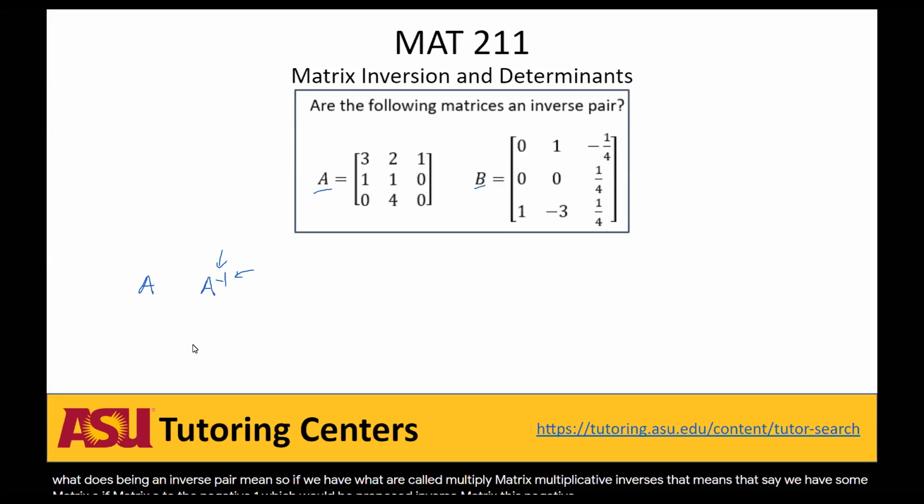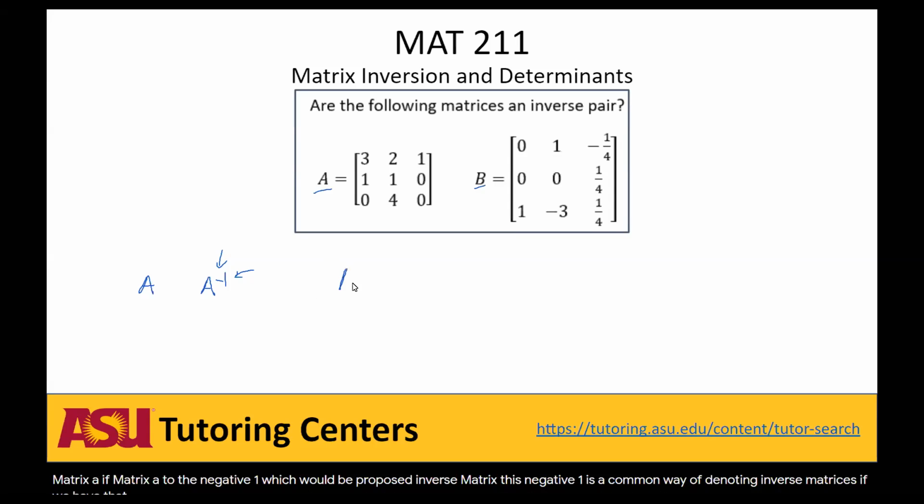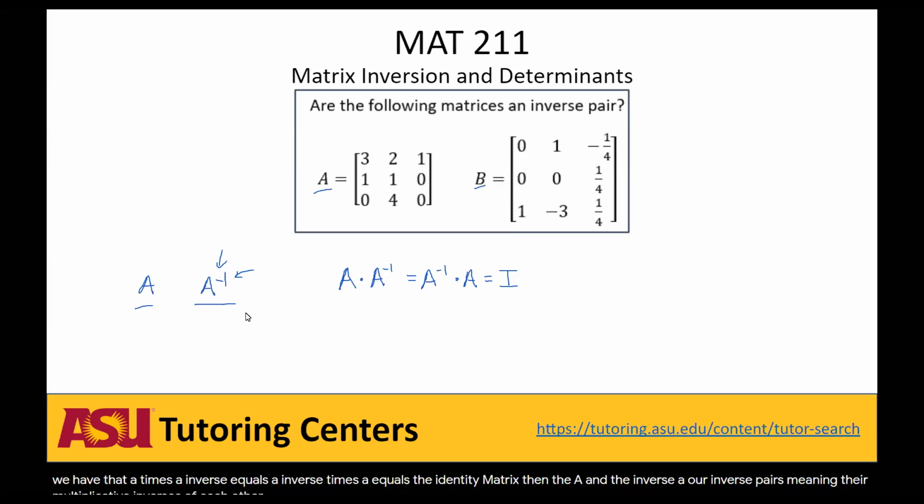This -1 is a common way of denoting inverse matrices. If A times A inverse equals A inverse times A equals the identity matrix, then A and A inverse are inverse pairs, meaning they're multiplicative inverses of each other.